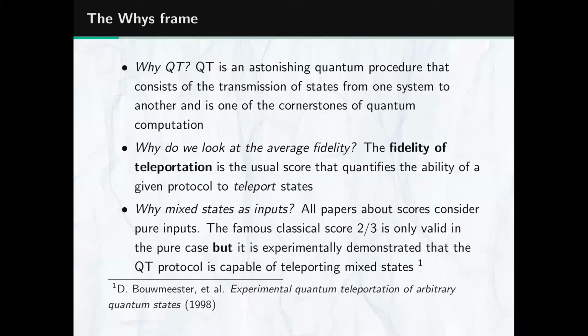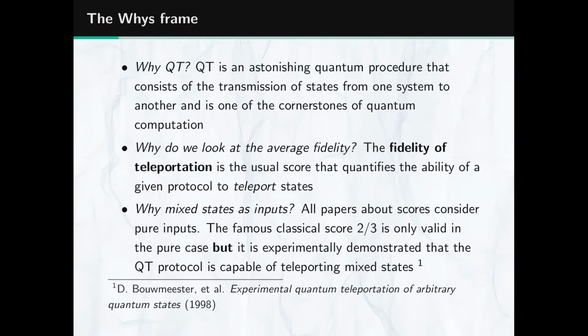And here we have quantum or classical stuff. Then, why do we look at average fidelity? Average fidelity is the usual and most common quantifier of the ability of a given protocol to teleport states. Basically, the score is how well your protocol teleports states.